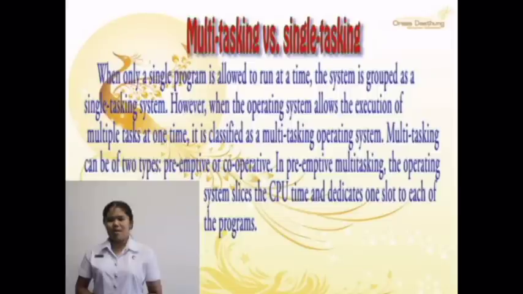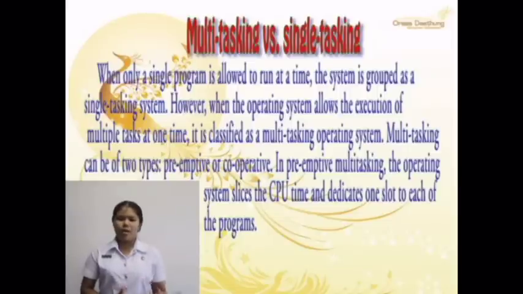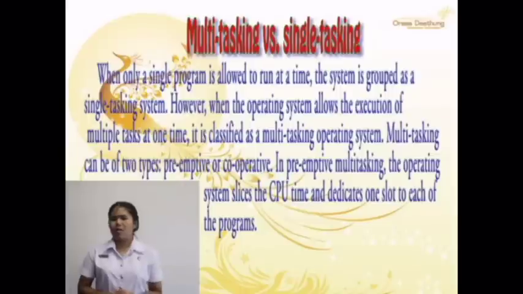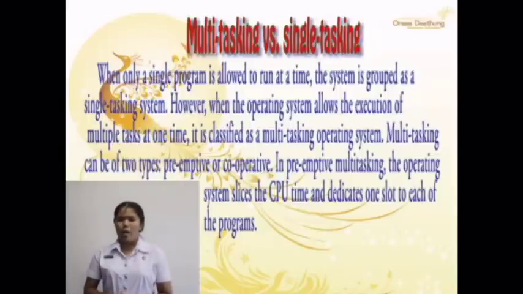Multitasking can be of two types: preemptive or cooperative. In preemptive multitasking, the operating system slices the CPU time and dedicates one slot to each of the programs.